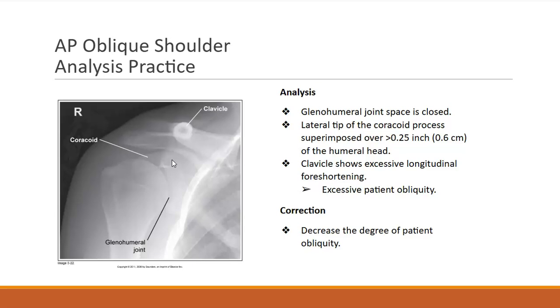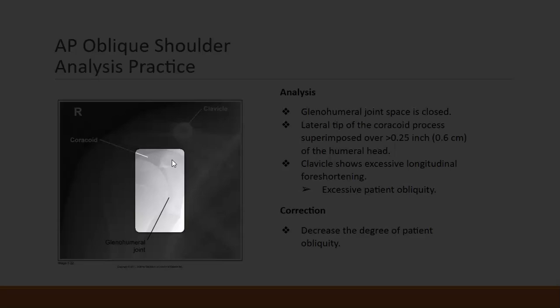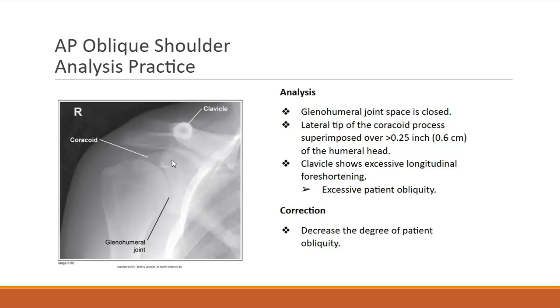Let's review this AP oblique shoulder practice analysis together. For this image, we are looking for the glenohumeral joint space to be open. Again, it is closed, so therefore we have a positioning error. First, we're going to look for the position of the coracoid process. In this case, the coracoid process is superimposed over more than 1/3 of the humeral head.